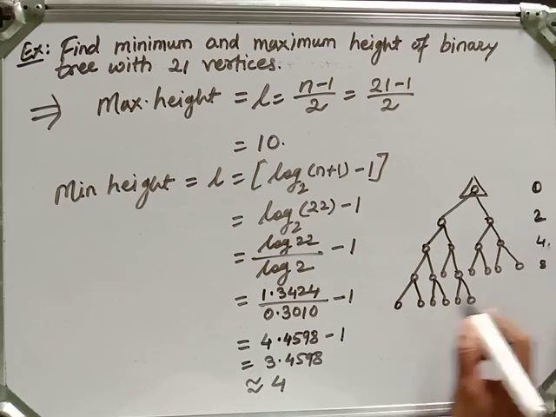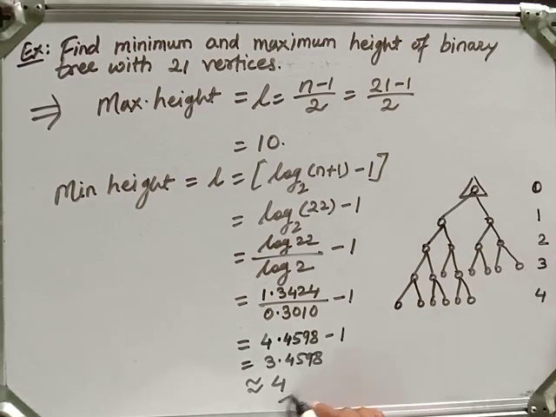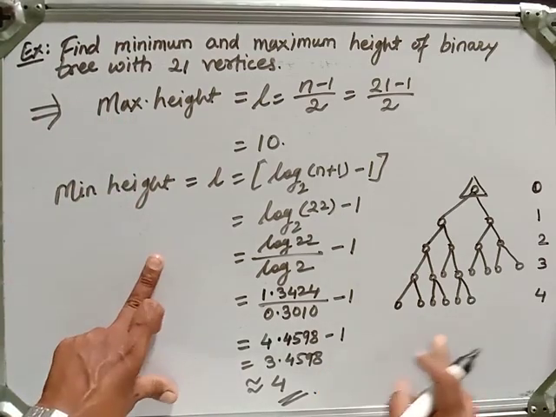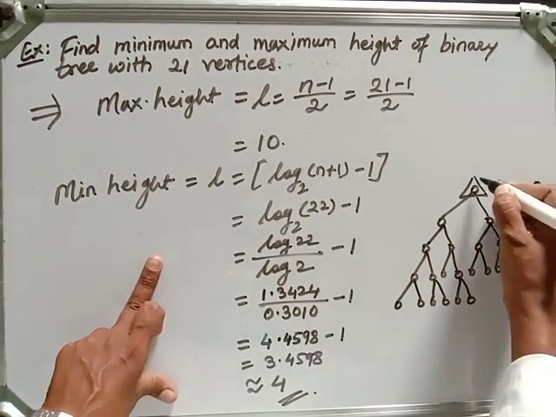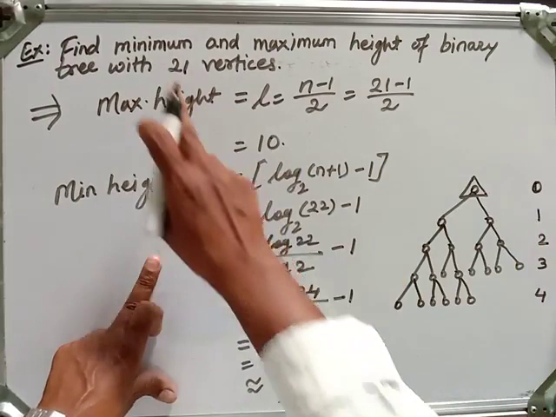As such, this is the 4th level. So 0 level, first level, second level, third level and 4th level. So minimum height is 4, and that tree will be as such. Okay. If we get a maximum height and minimum height, from minimum height we can easily draw a diagram for that tree. If you count them, these are exactly 21 vertices.